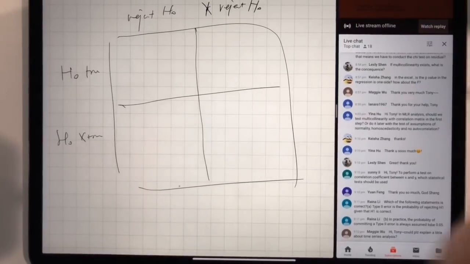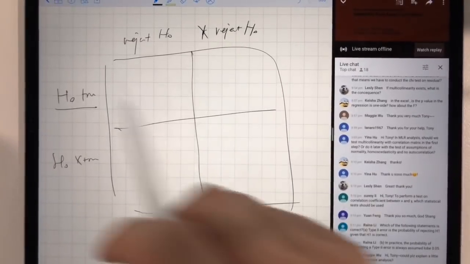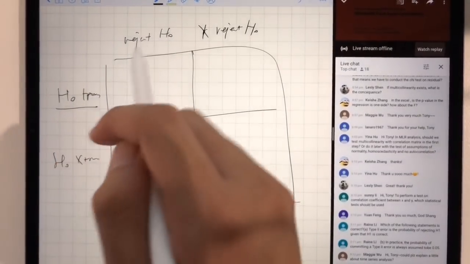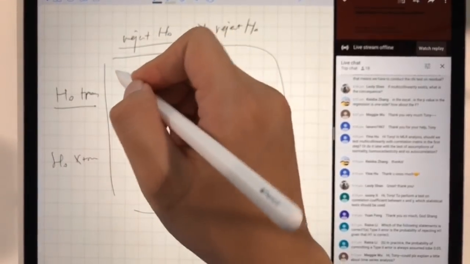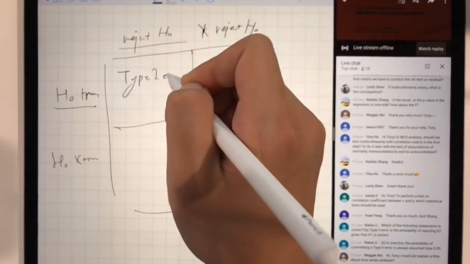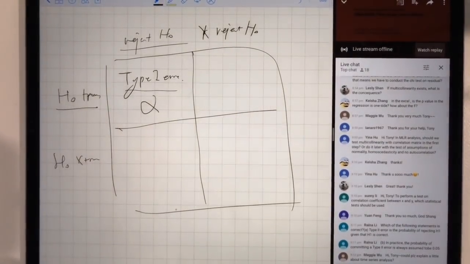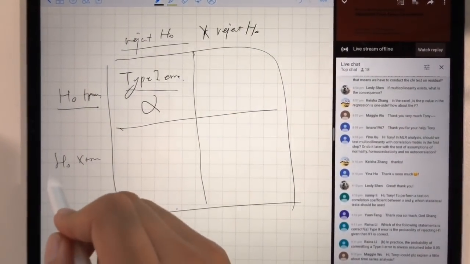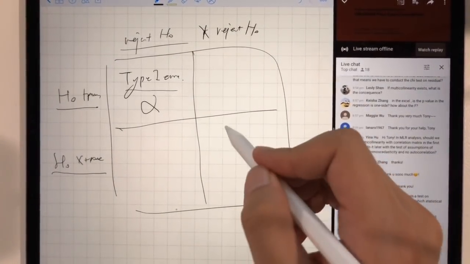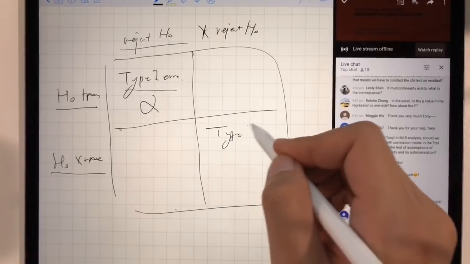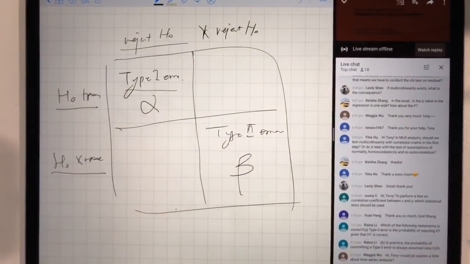So when H0 is true and we reject the null hypothesis, this is called a type 1 error, and the probability of a type 1 error is defined as alpha. And when H0 is not true but we did not reject the null hypothesis, this is called a type 2 error, and the probability is beta.